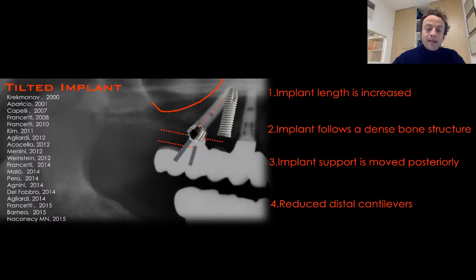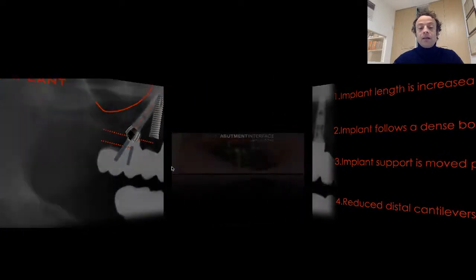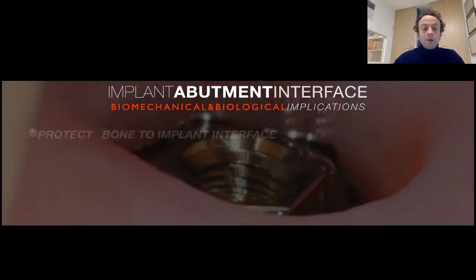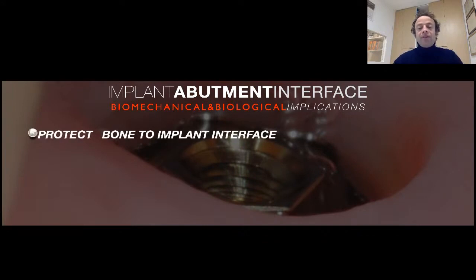While if you place a straight one, your screw chest will be here. And so, playing with the software of the CAD/CAM technology, in this situation, we have the chance to achieve a longer prosthetic cantilever.